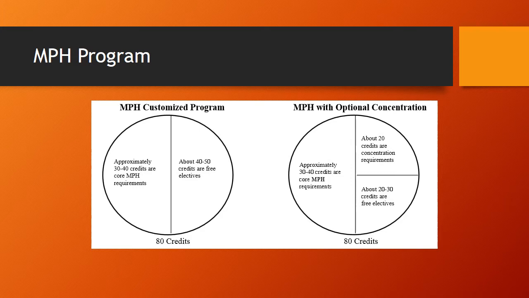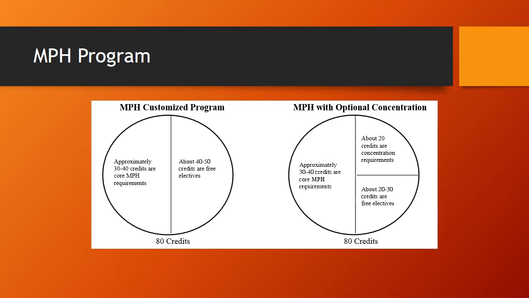You can either customize or take the optional concentration. I took the concentration, and you'll see from the diagram that there's about 30 to 40 some odd units or credits for the core MPH requirements, and the other 40 to 50 are whatever you choose. And I chose to fill them with concentration and with certificates in my free electives.